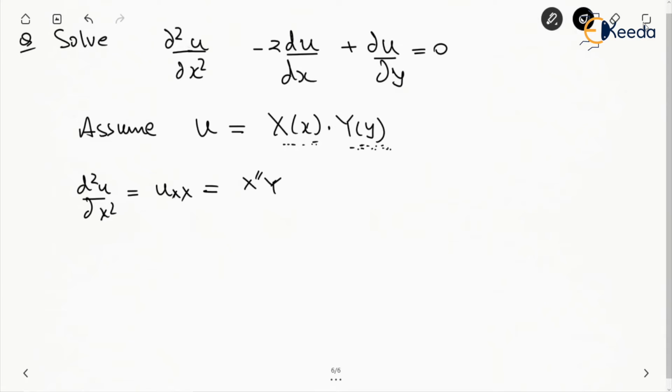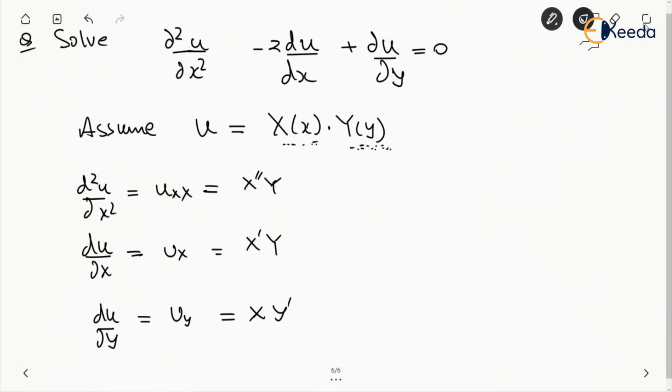Similarly, the next term is du by dx. So let's take it ux. In that case, this is going to be simply X dash times of Y, and next one is du by dy. So this is uy, which will be X times of Y dash.